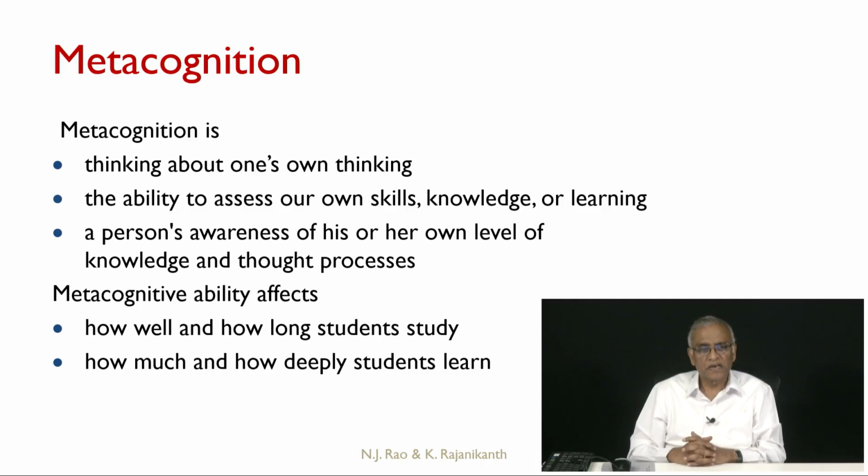Now we said at that time, metacognition is thinking about one's own thinking. It looks nice, but we need to understand what exactly it means. It is the ability to assess our own skills, knowledge or learning. Do I understand what I can do, or what I know, or whether I am learning or not, whether I have learnt or not.